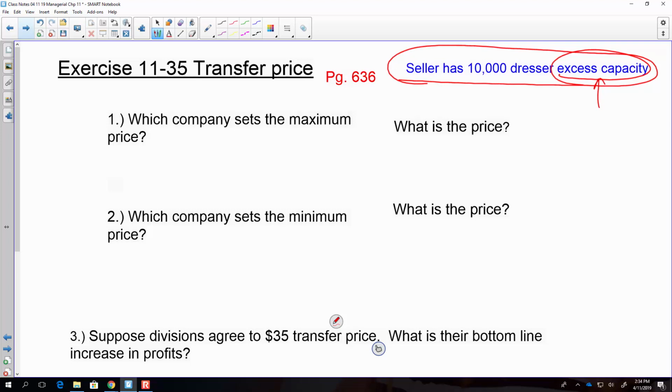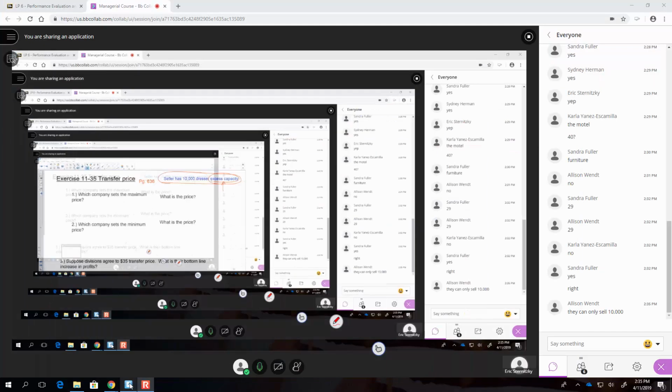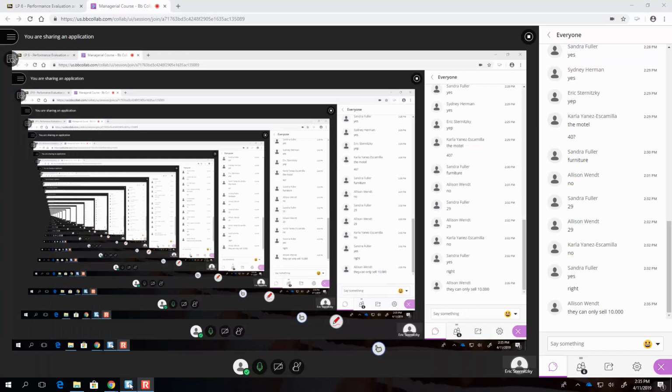What does excess capacity mean? Actually, Allison, it's kind of the opposite. Their capacity is 50,000. They're selling 40 at the present.